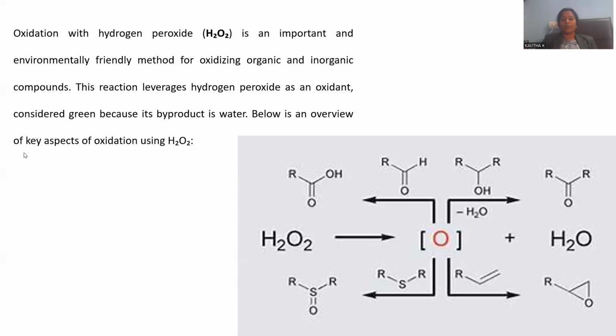Below is an overview of the key aspects of oxidation using hydrogen peroxide. Whenever hydrogen peroxide is subjected to oxidation, the important criterion is the formation of water as a byproduct. That's the reason why it is environmentally friendly in nature.